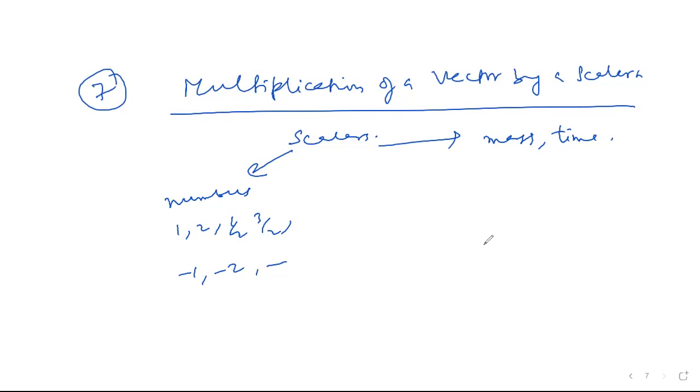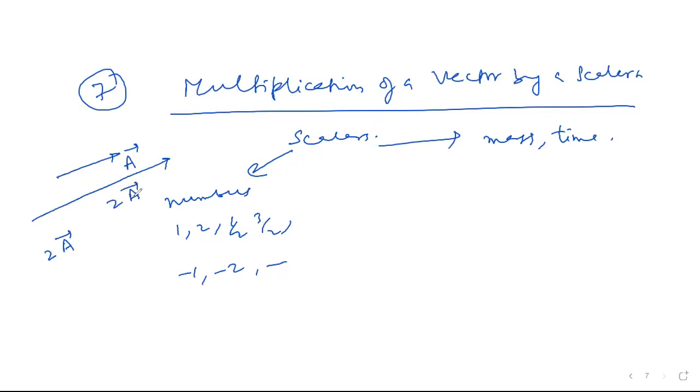So rule is, if we talk of numbers, if this is my vector A, I want to interpret twice A. What is twice A? Twice A is a vector which has magnitude double that of A, but is similarly directed, right?